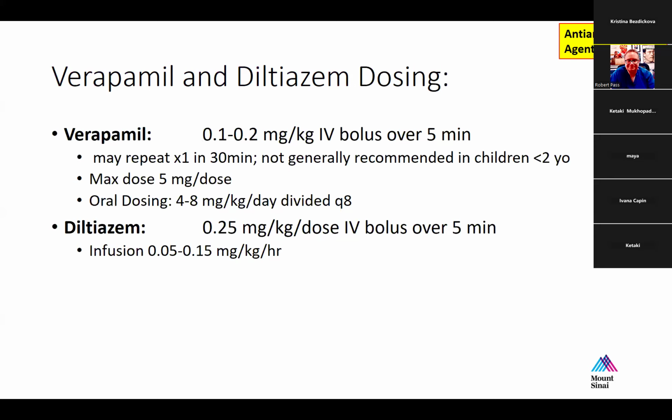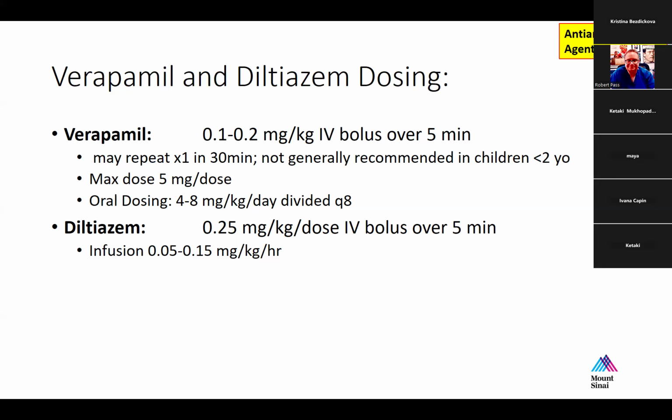That is because when verapamil was used more commonly, largely in the era that preceded adenosine's introduction, it was demonstrated in a number of papers in the early 1980s that verapamil caused cardiovascular collapse in a good number of newborns and small babies who received it.